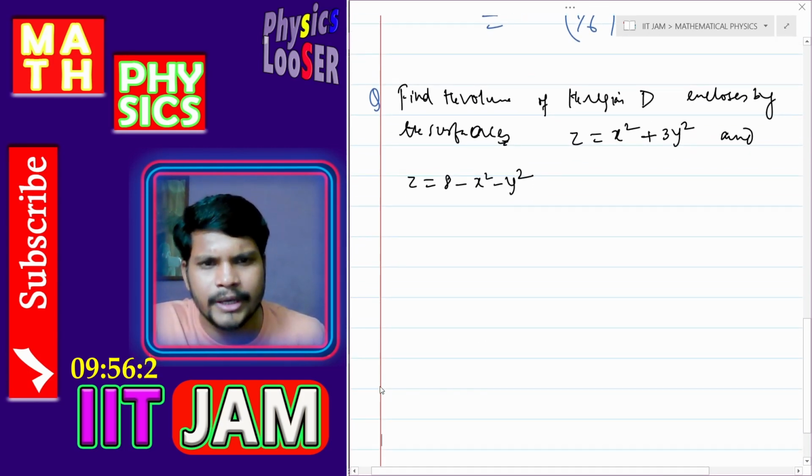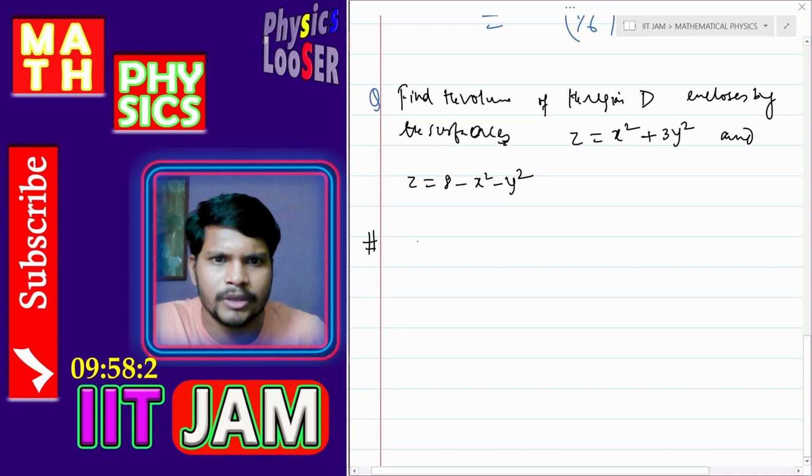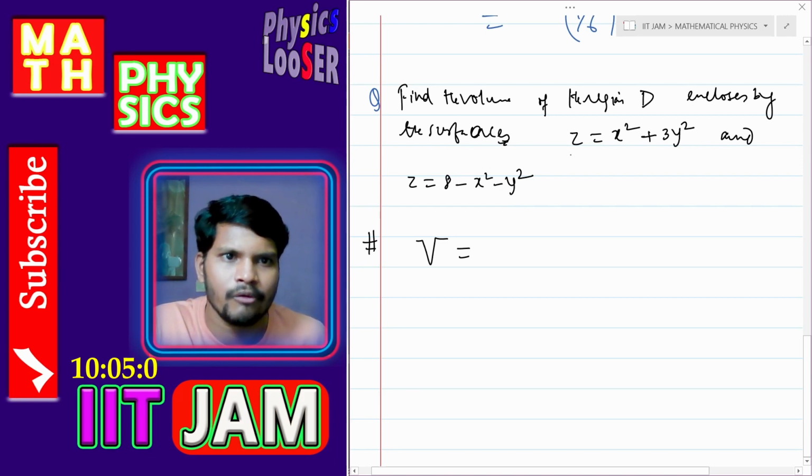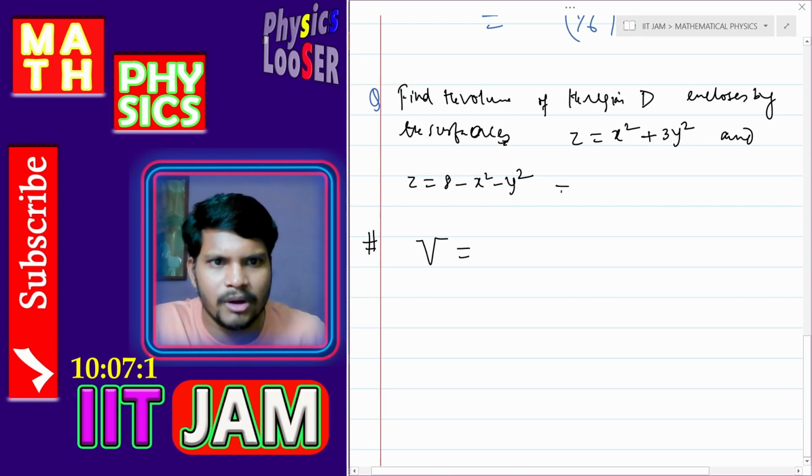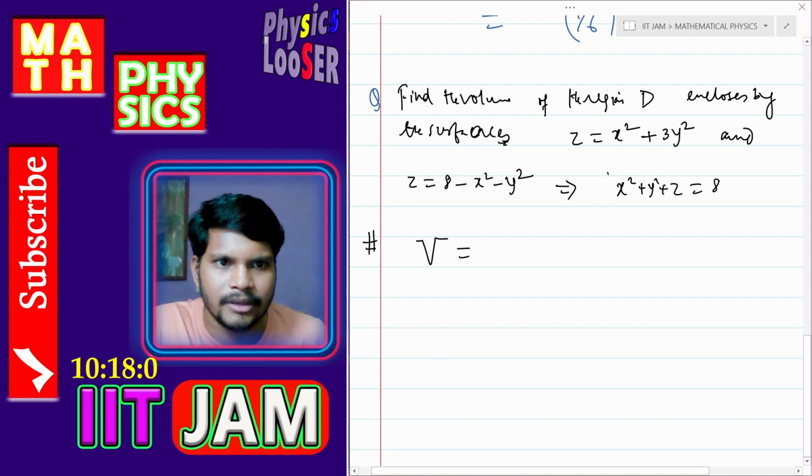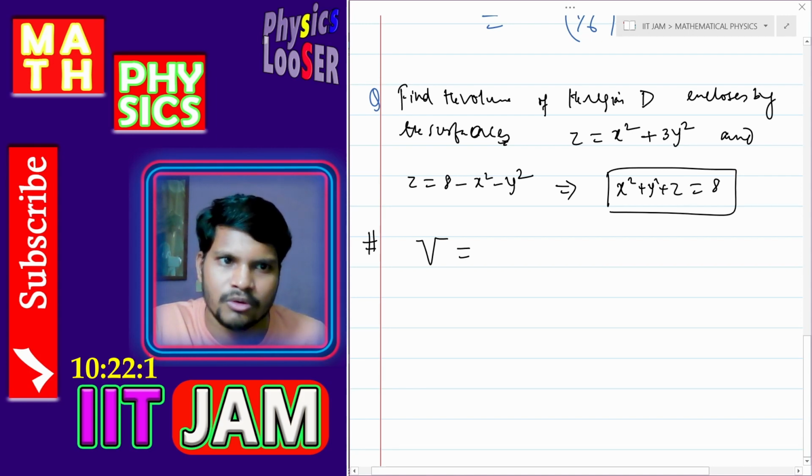So when you are trying to find the volume using the volume integral, visualizing these surfaces is very complicated. But if you know what a sphere and a cylinder kind of structure is, we can write here x squared plus y squared plus z is equal to 8. And over here I can write x squared plus 3y squared is equal to z.